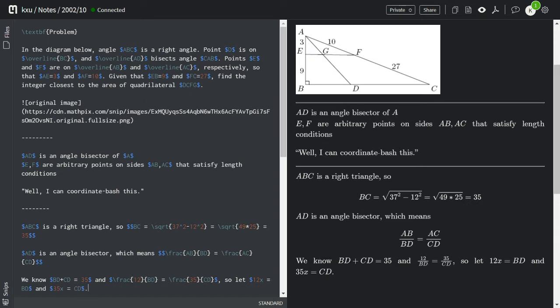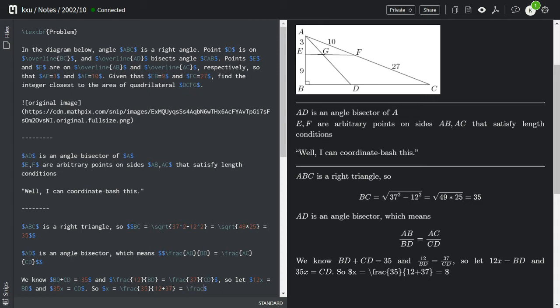And this immediately satisfies our second relation, the ratio. And then we can just add, so x is equal to 35 over 12 plus 37, which is 49.